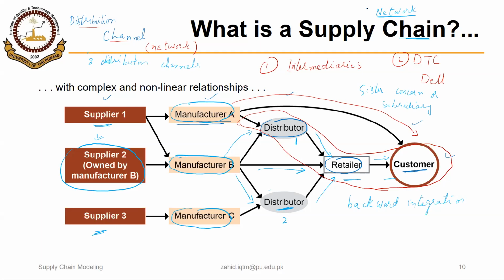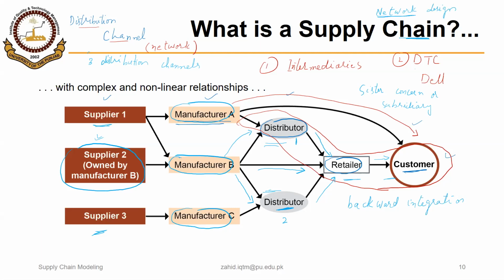So word network or network design and network analysis is sometimes also used to decide the number of, for example, distributors, their location, similarly number of retailers, their locations, how much to deliver to them, and so on. So that is called sometimes network design or network modeling as well.